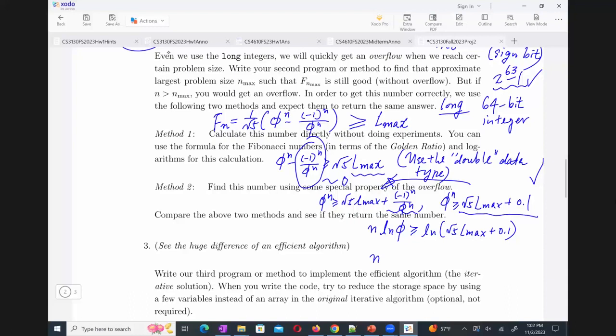Then find n greater or equal to ln of root 5 L max plus 0.1 over natural log phi. n greater or equal to that number, and we should take it. So here, let me see.